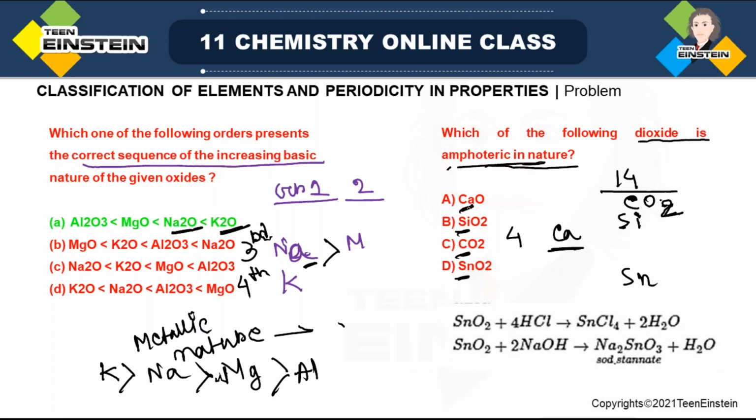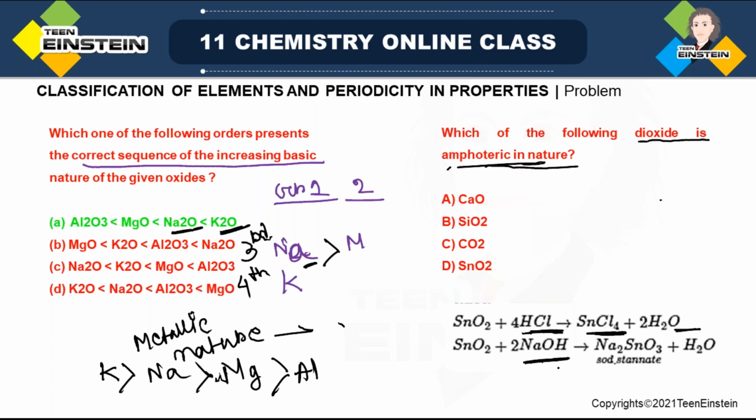Now if you consider the definition of amphoteric nature, it can react with both acid as well as base. So SnO2, see the first reaction, it is reacting with HCl and it is forming chloride of tin and water. In the second case, it is reacting with base, which is sodium hydroxide, and it is forming sodium stannate, Na2SnO3, that is total positive charge 2 plus, SnO3 2 minus, sodium stannate.